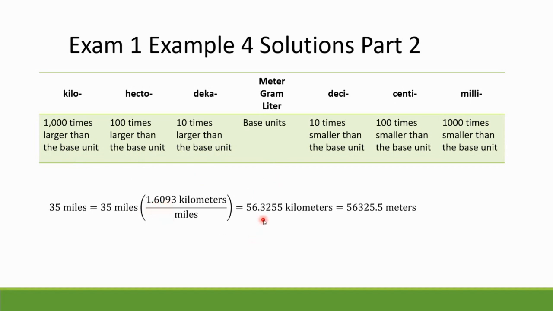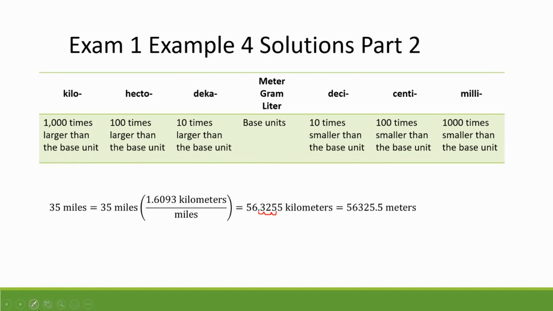Right? And we do that, and what we get is, wait, hold on, let me draw it in, that might help. We get 1, 2, 3. We get 56,325.5 meters. So that's how many meters we have.